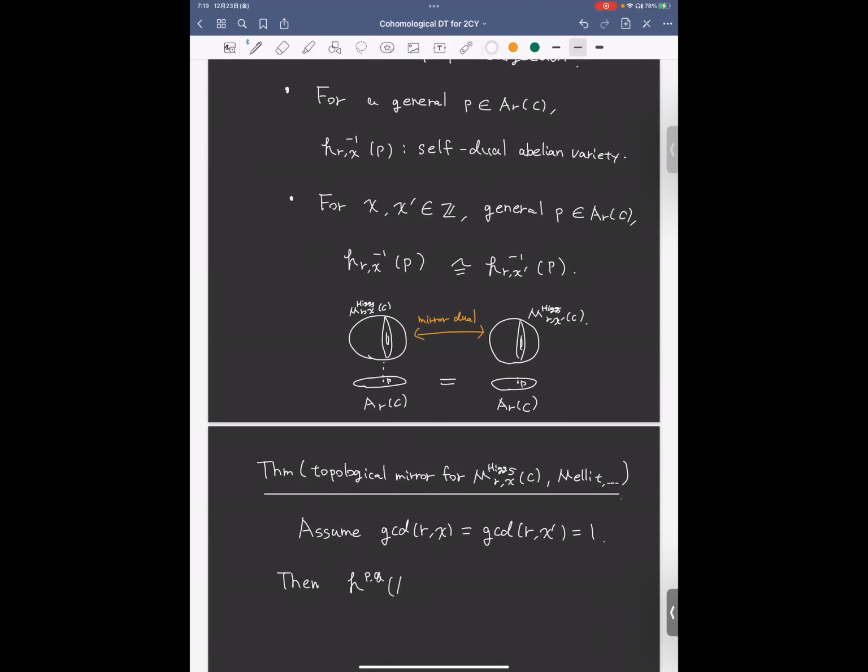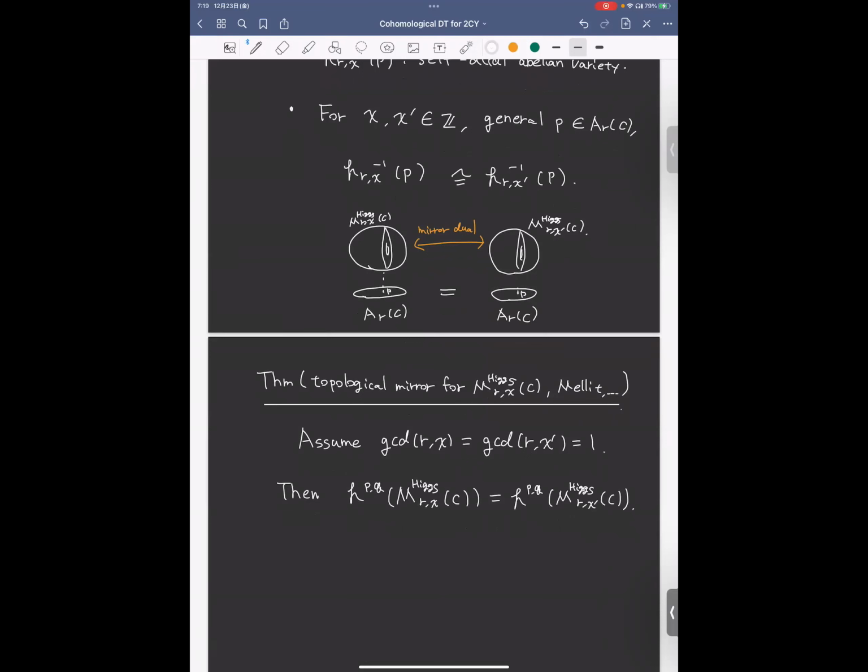We have H^{p,q} of M Higgs of R chi of C is equal to H^{p,q} of M Higgs of R chi prime of C. Okay. So this is a topological mirror symmetry statement for these spaces.